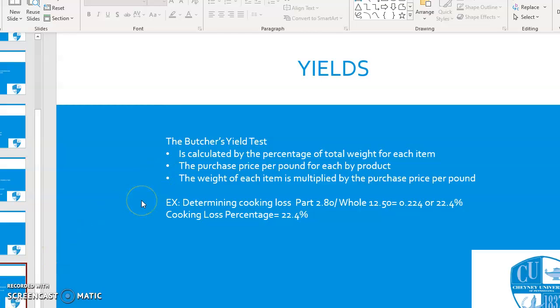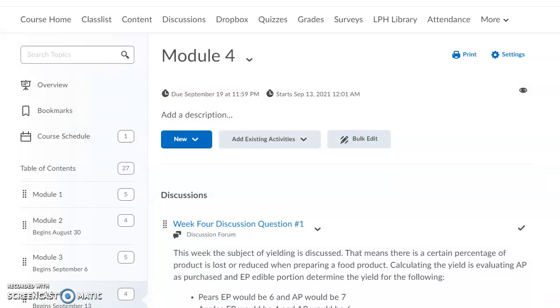So again, another example and illustration that I came up with in terms of formulas when we're looking at the butcher's yield test. So look at the PowerPoint again, and the PowerPoint is to be used as instruction as we enter into the new week and the new module.